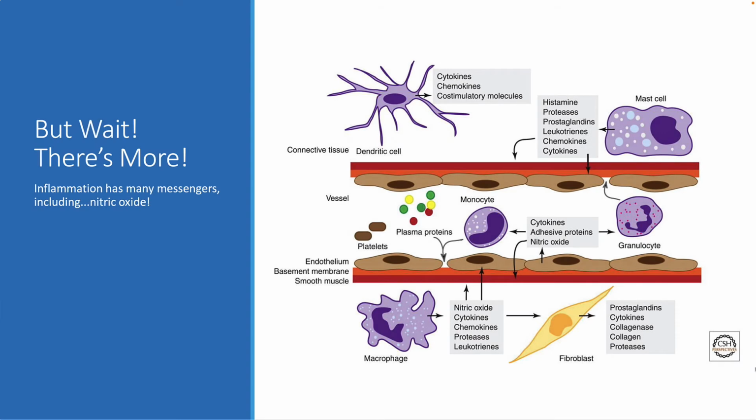But wait, there's more. That's not all. The other important component of this inflammatory response, nitric oxide, we're going to talk about when we talk about inflammatory diseases such as coronary disease, such as adult respiratory distress syndrome. Nitric oxide plays a role.